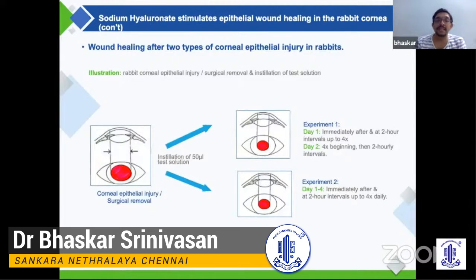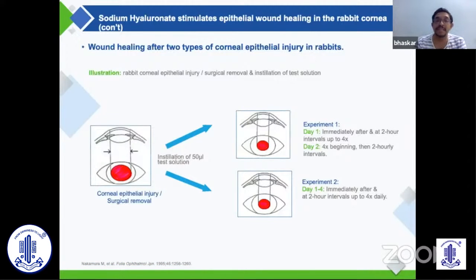And this was basically the study design, where they put the medication immediately and then at 2-hourly intervals for 4 times, and then experiment 2, where they started the drops immediately at 2-hour intervals for 4 times, and then 2-hourly the next day.